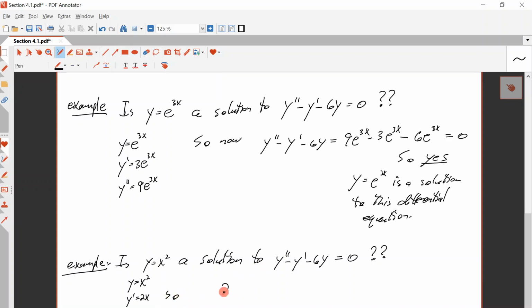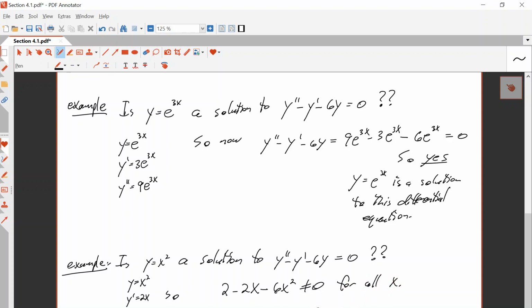So y double prime minus y prime minus 6y is 2 minus 2x minus 6x squared, which is not 0 for all x.